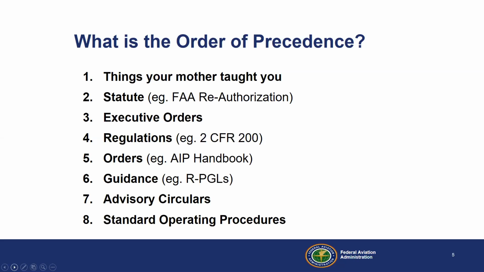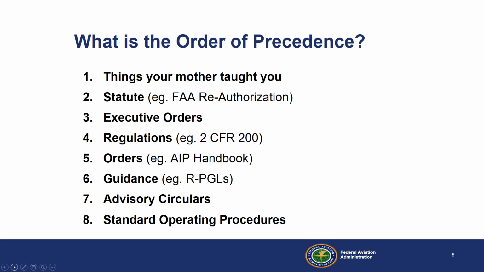The orders, like the AIP handbook, that is one that it's not a guide, it is an actual legal order that is signed and promulgated. Generally, our orders are used in-house, kind of telling FAA employees how to do things better, how to do our jobs and our work and run our programs.